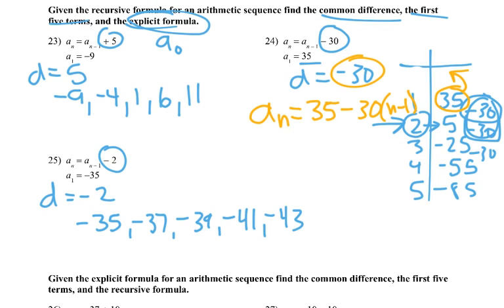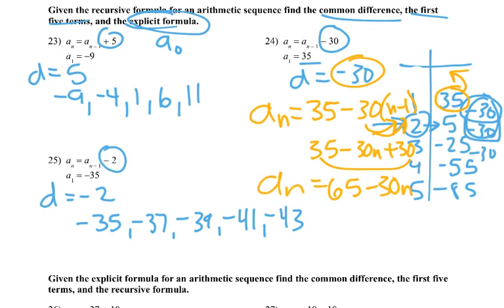If I wanted to, I could then distribute that through and simplify it. And I'd get 35 minus 30n plus 30. Combining like terms, I'd end up with 65 minus 30n, which would equal a sub n. If we went backwards here, that's what our 0 term would be anyway. So that's why I say I usually think it's easier to go back to the 0 term.